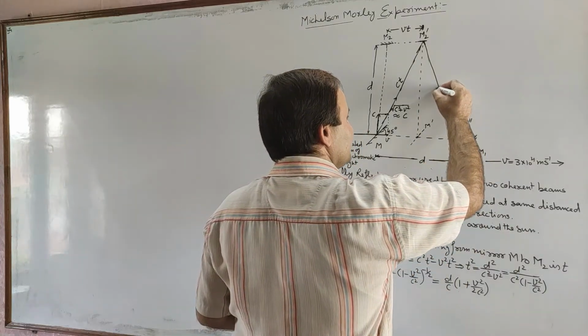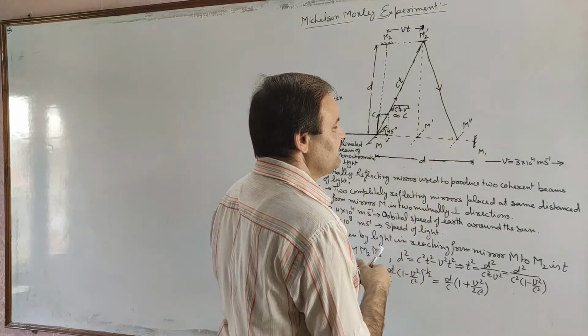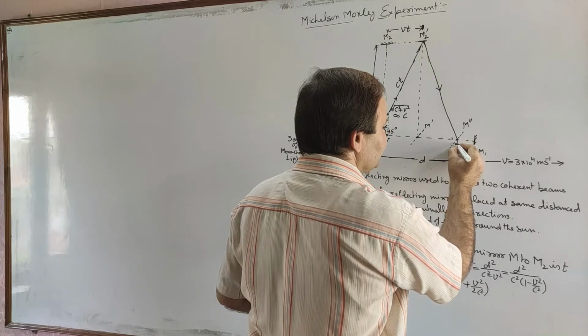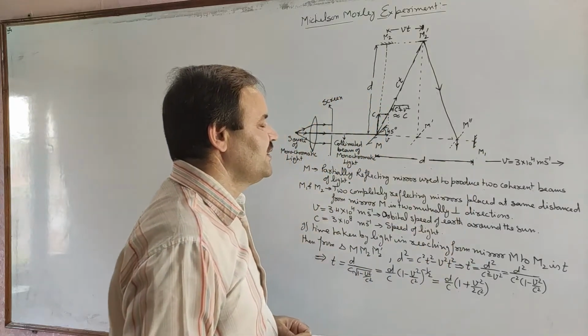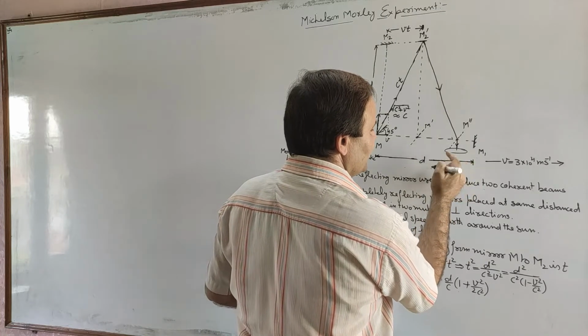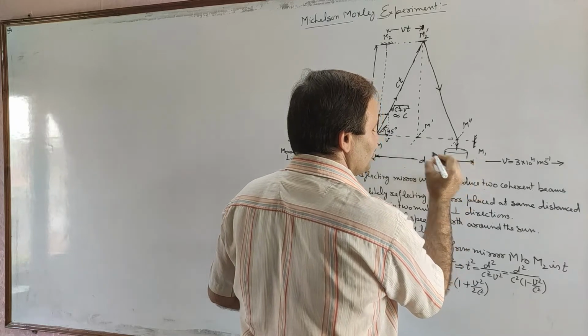After reaching at M dash, it will be refracted through it to enter in the objective of a microscope.